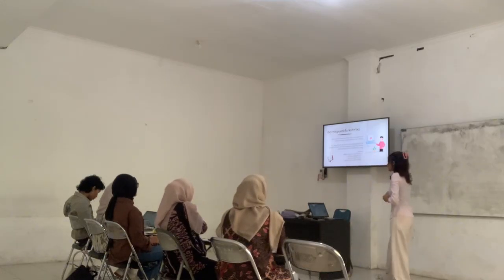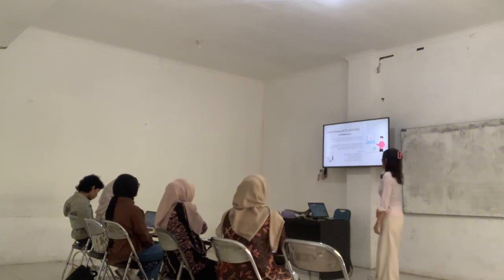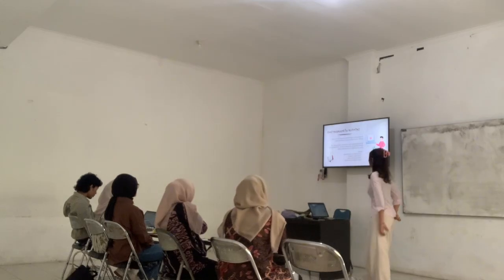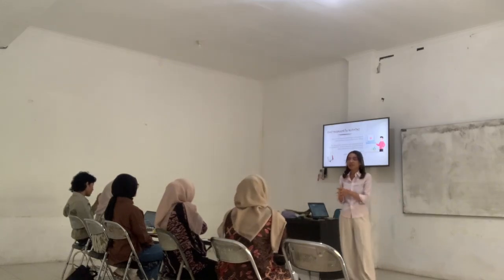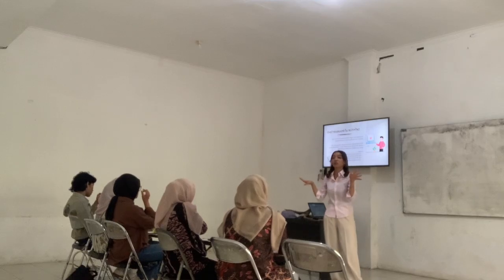Okay, let's look at the definition of procedure text. So procedure text is a type of text that explains how to do, make, or operate something through a sequence of steps. So we can find a procedure text in a recipe, user manual, or directions, and many other situations.